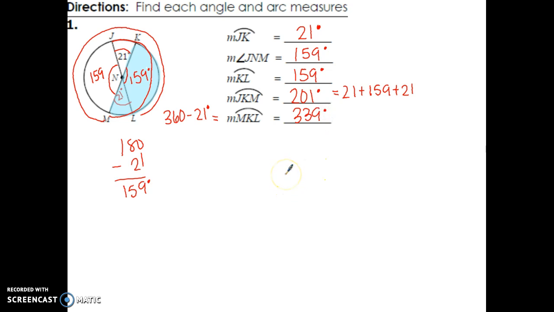Okay. Let's look at number two. So you're actually going to have to do this one on your own. I'm going to give you a hint. Remember, of course, half circles do equal 180. So anytime you see half a circle, those two have to add up to 180.